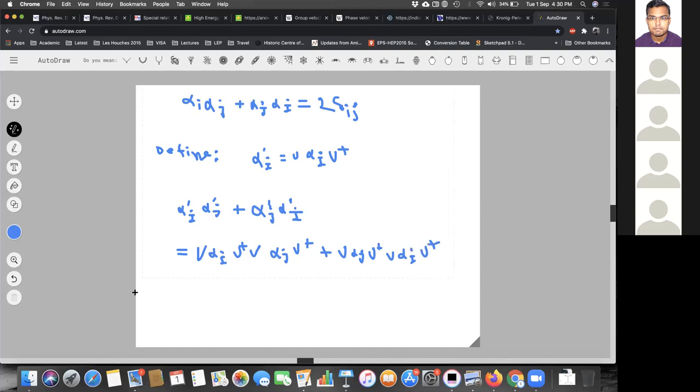Okay, just substituted with the definition, and this U dagger U is identity, this U dagger U is identity. So what I am left with is U, and inside the bracket I have alpha i alpha j plus alpha j alpha i, times U dagger.